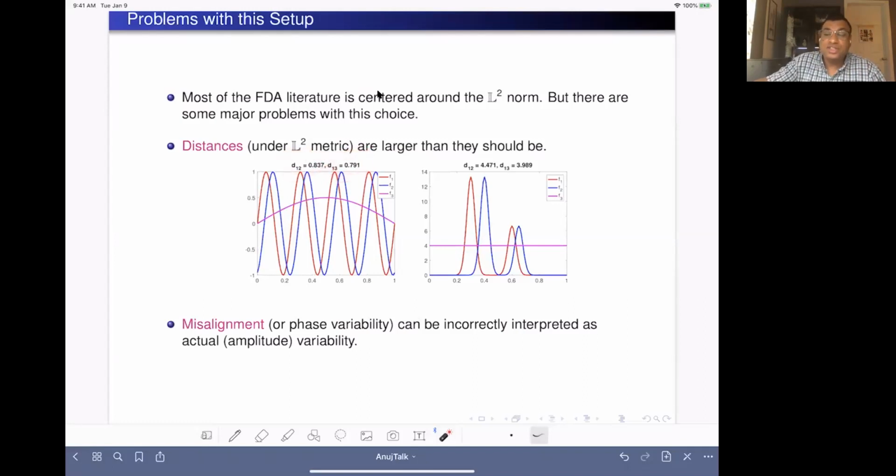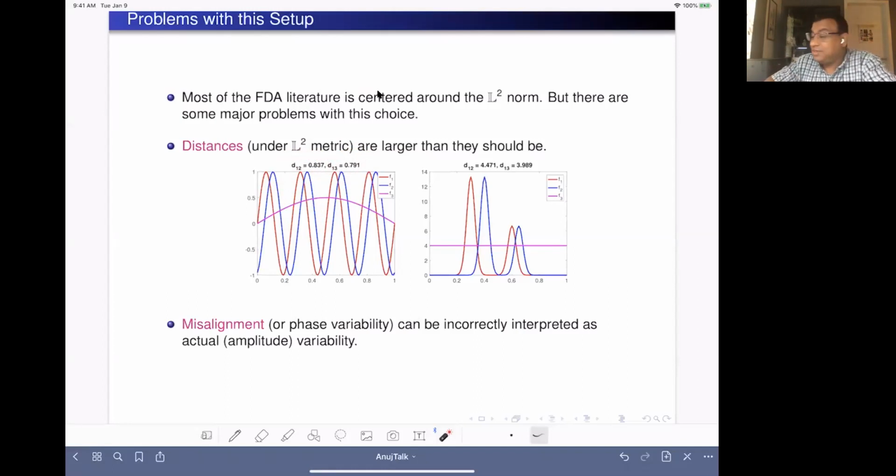If I ask you which two functions are more similar, you'll probably say F1 is more similar to F2 than it is to F3. But that intuition turns out to be wrong under the L2 metric. Under the L2 metric, the distance between 1 and 3 is smaller than the distance between 1 and 2, which is surprising. Visually, they look quite similar, except they have shifts.